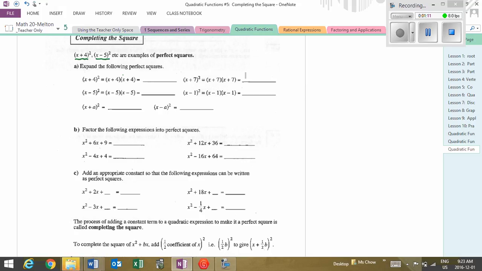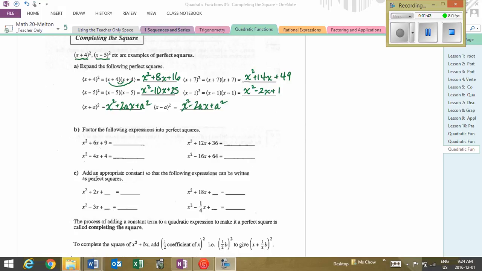You cannot simply square x and square 4 because there is that middle term when we distribute through. So we should be looking at x squared and then plus 4x, which is actually plus 8x, and then 4 times 4 is 16. So take a moment, hit pause, and complete the other 5 questions and come back and check your answers.